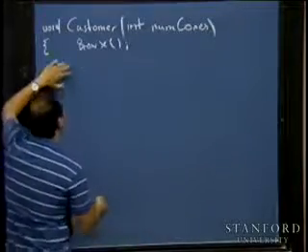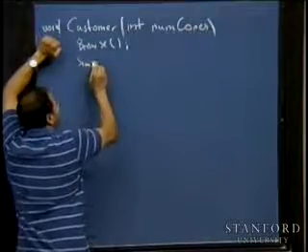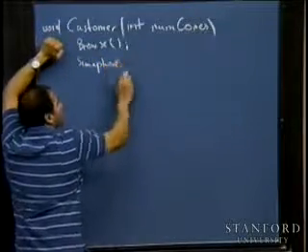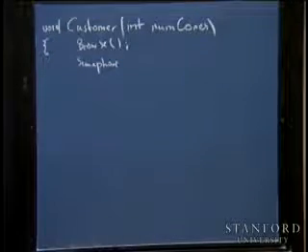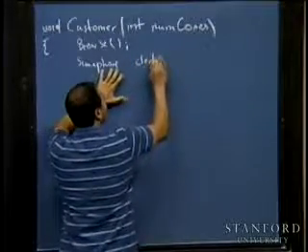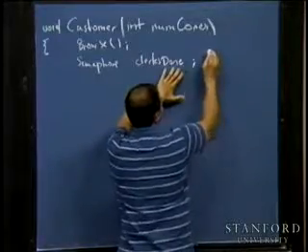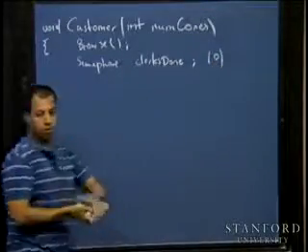So this means that we will need to have some semaphore. And why do we need it? Because we know that we need to wait for all the clerks. So we need a semaphore. Let's call it clerks done. And this one we initialize to 0 again.